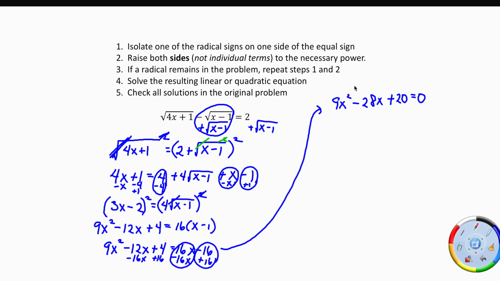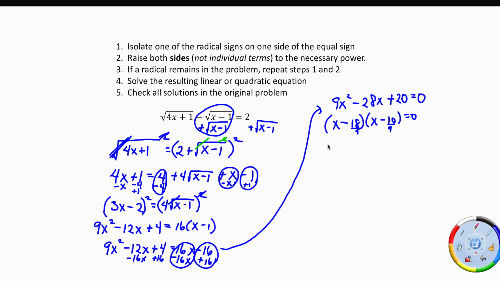And I'm going to try to factor. Well, let's see, two numbers that multiply together and equal 180 and add to give negative 28. Well, 180 is 18 times 10, so there's my numbers. If we use our shortcut, they both got to be negative, right? If we use our shortcut, I can just put those numbers in my factors, if I remember to go back and divide by 9 to simplify that.